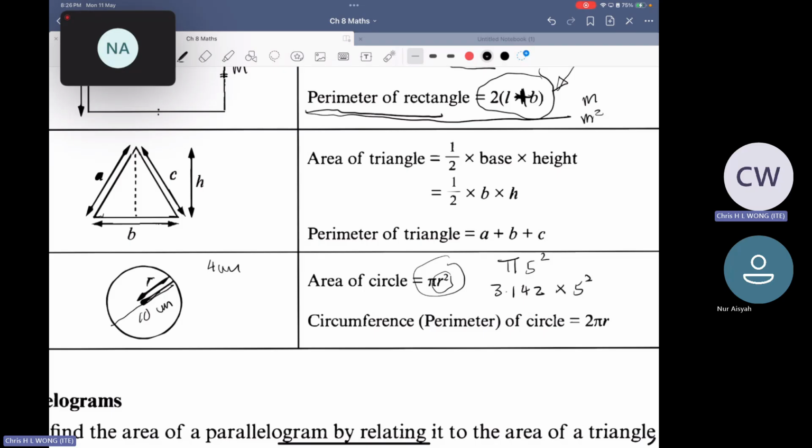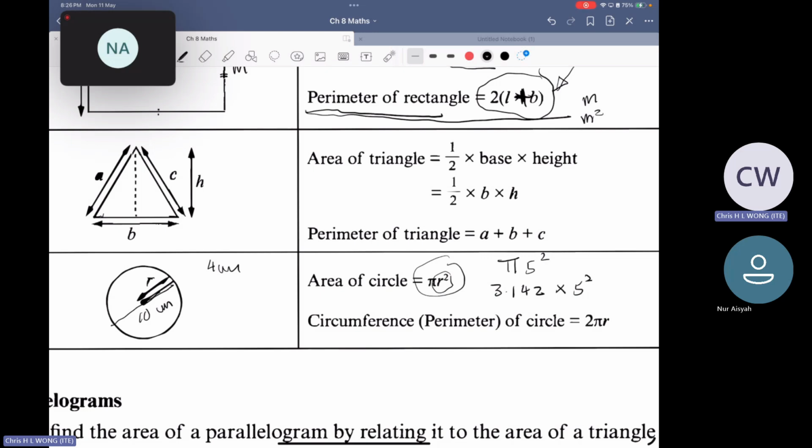If they never tell you, use the one that's in the calculator. But normally they will tell you. Use 3.142 if they say use 3.142. Is it okay? Yeah? Don't use 22/7 because it's totally different.